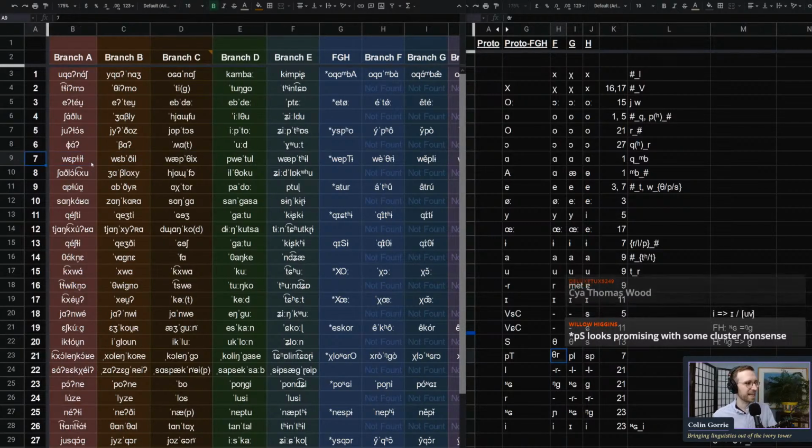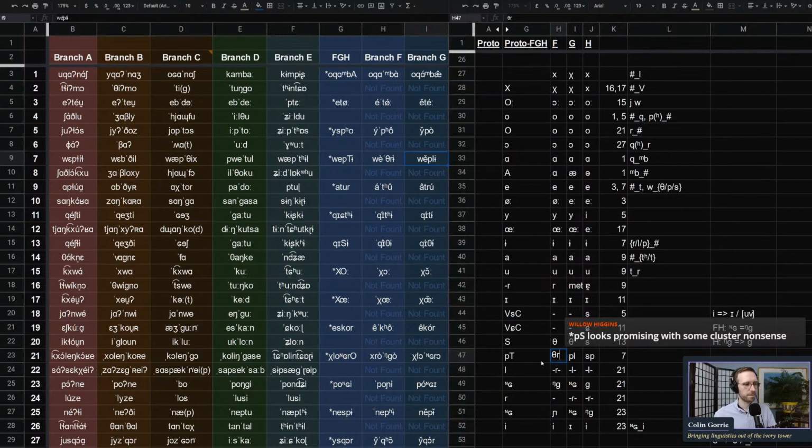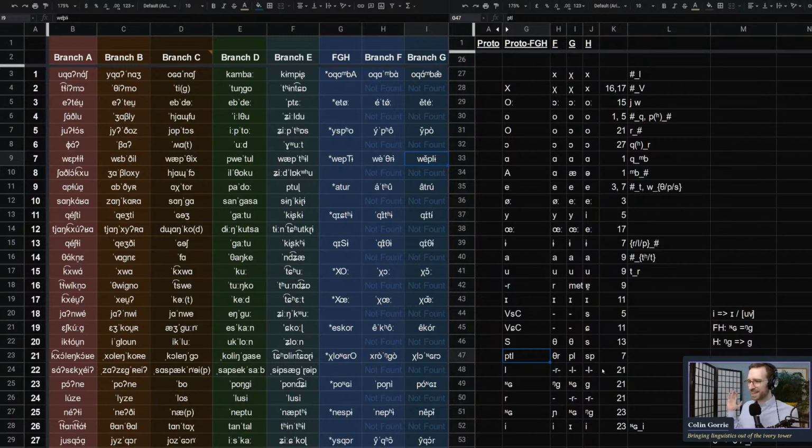But we have all these L's there. Lateral fricative. Maybe it's something like ptla. But then why do we get spa? The whole thing doesn't make sense. How do we get thra?